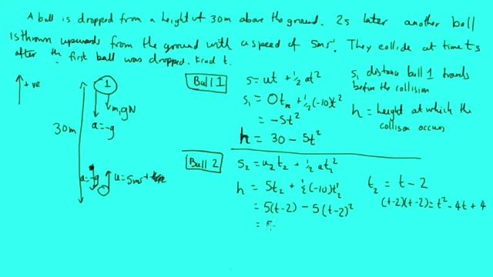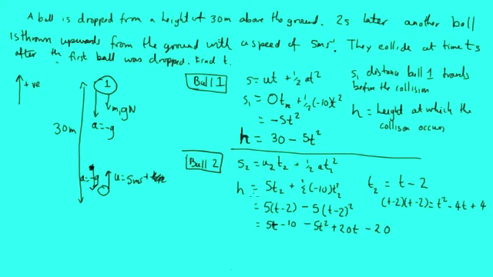It's going to be 5t minus 10, then minus 5t squared, minus 5 times minus 4t is going to be plus 20t, minus 5 times plus 4 is going to be minus 20.